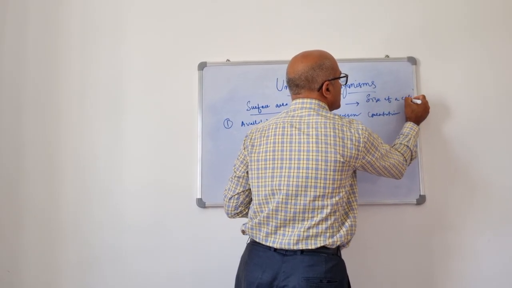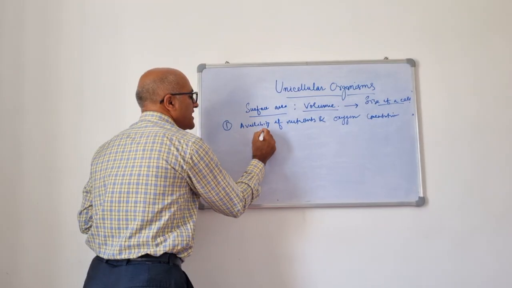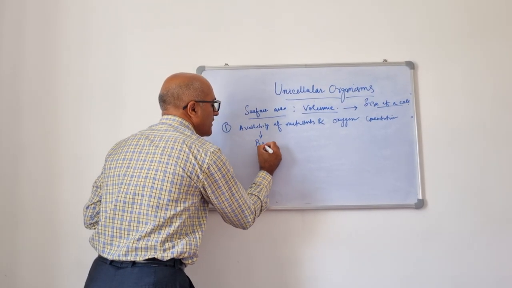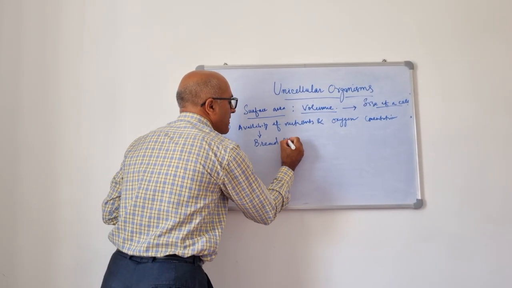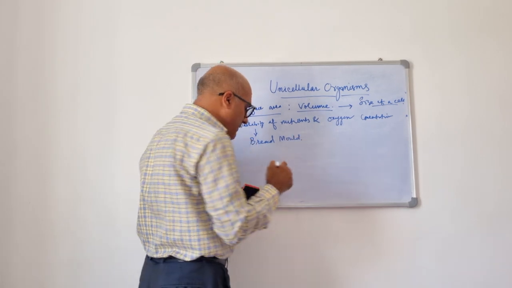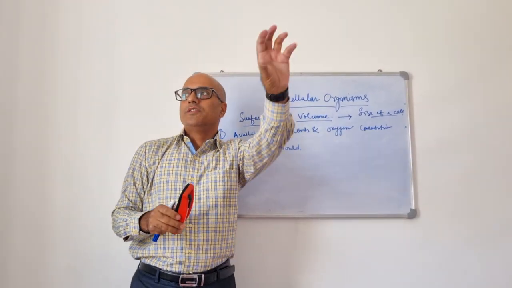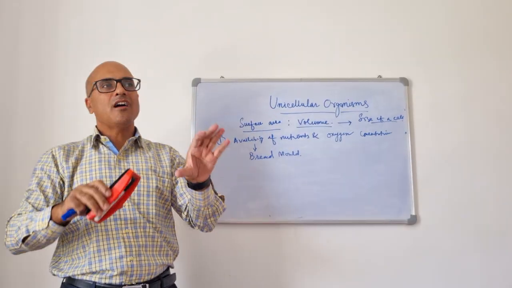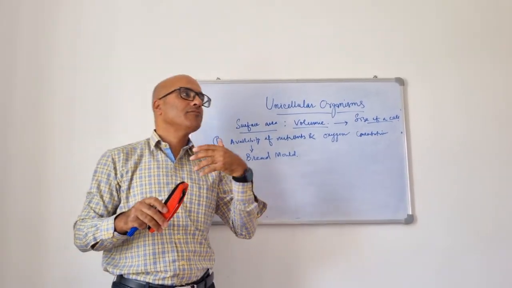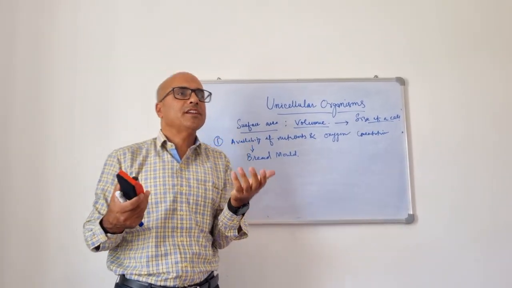Size of a cell. We will take here an example of bread mold. You know the bread mold, when it's in an environment where proper food or nutrients are absent, it's not having so much of food that it can have.